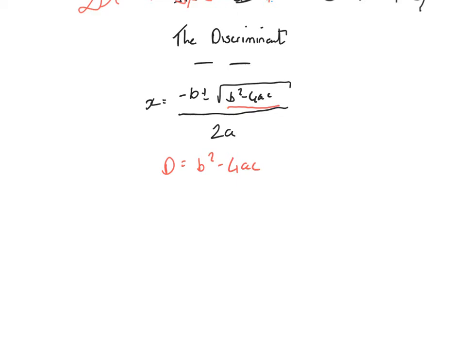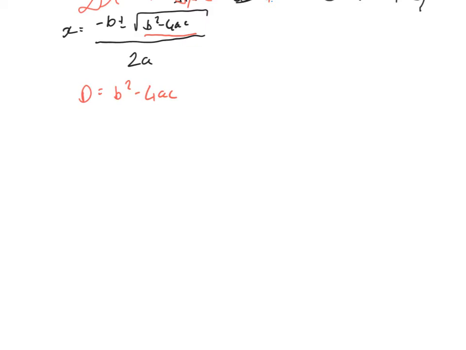Okay, now, there's a few results that we want to consider here, which is when b squared minus 4ac is greater than 0, we call that the roots are real and distinct.